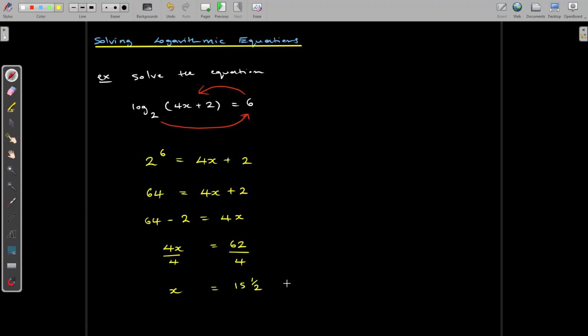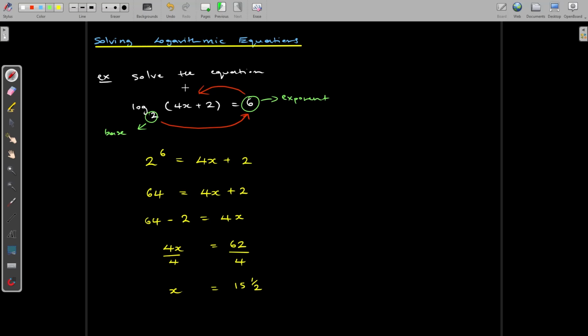Clear? Yes, sir. No, sir. Where did I lose you? Sir, when you put 2 raised to the 6th power equals 4x plus 2. Yes, because this 2 right here is our base. This 6 right here is our exponent.